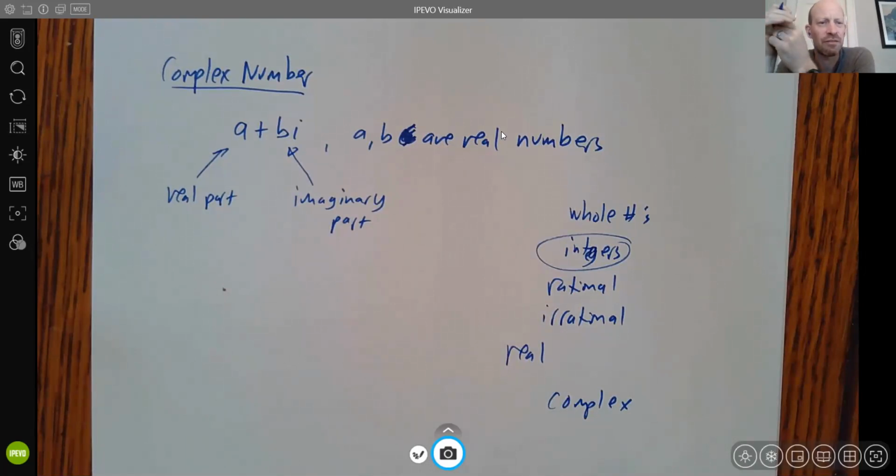But then all of a sudden, if you introduce the idea of square roots, rational numbers aren't enough there. And so you then get this set called the irrational numbers, and you put all those together and you get the real numbers. The real numbers are great. They've served us well all the way along, but all of a sudden we're getting into a spot where we need more, right? And it turns out we need this idea of complex numbers, and the complex numbers are closed under all of this basic algebra.